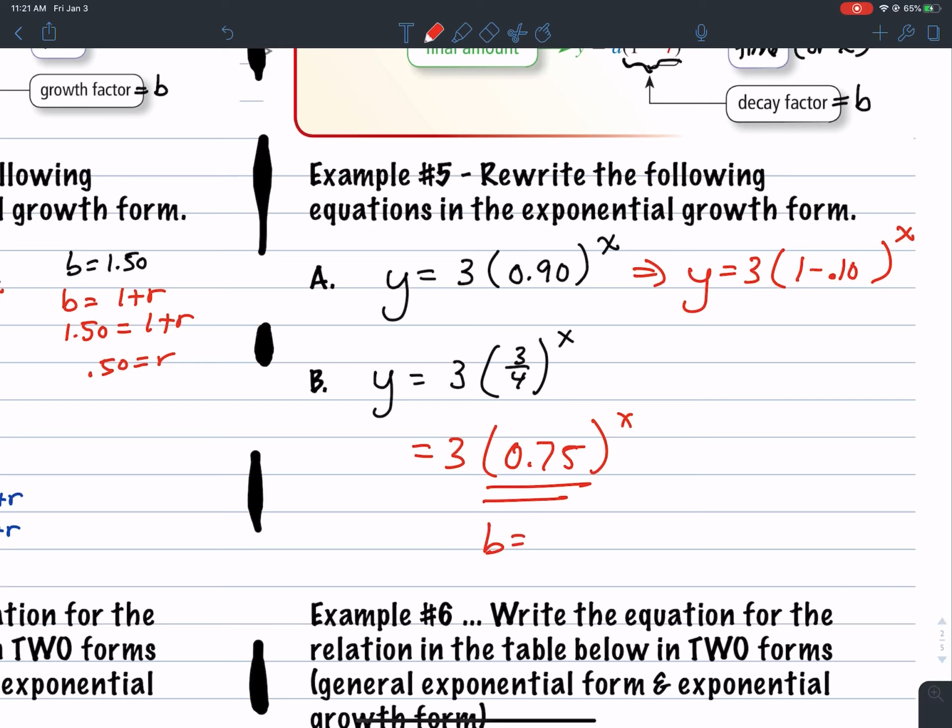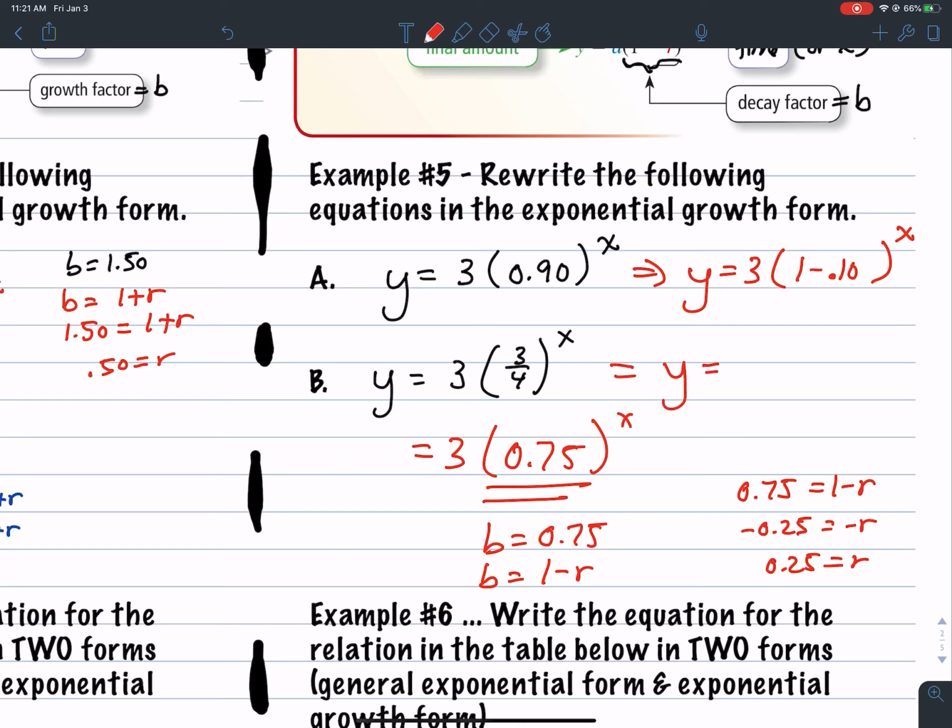I know that b is equal to 0.75, but b in decay is 1 minus r. So if I know that 0.75 was equal to 1 minus r, if I subtract 1, and then divide by a negative, I can see that the value of r would be 0.25.